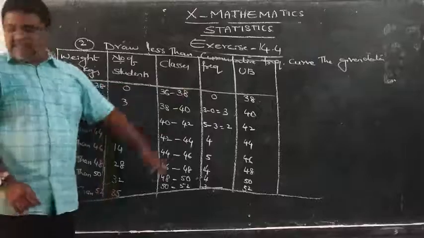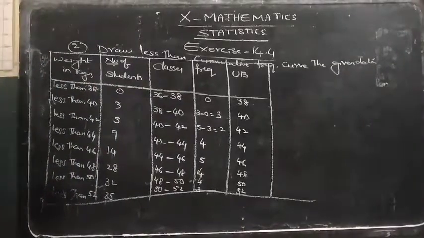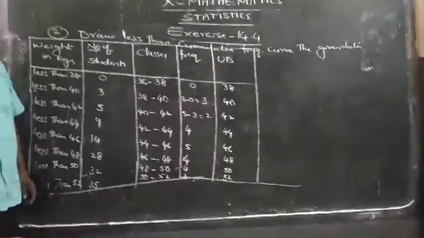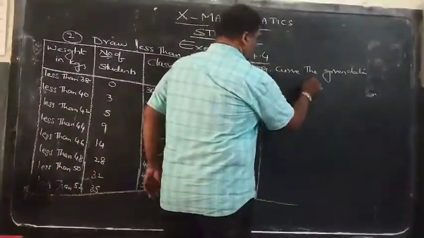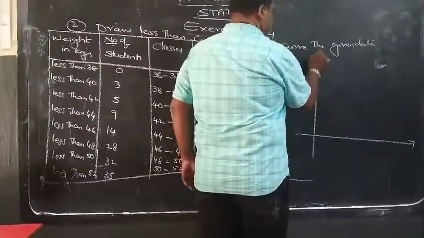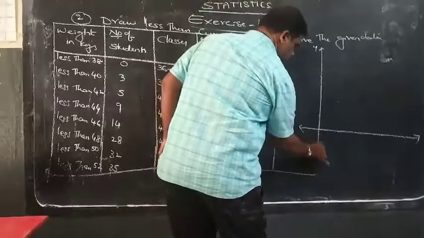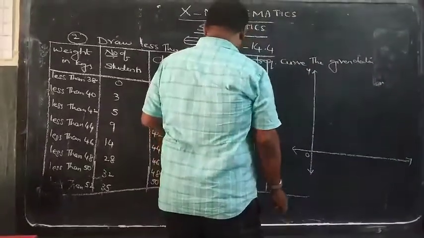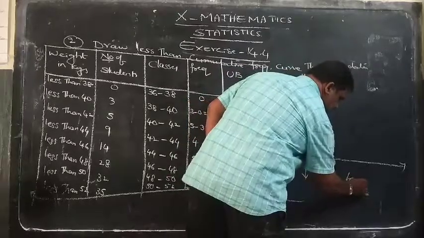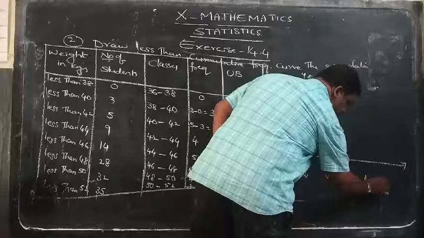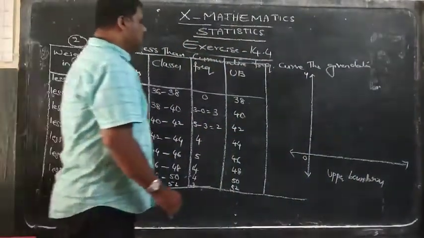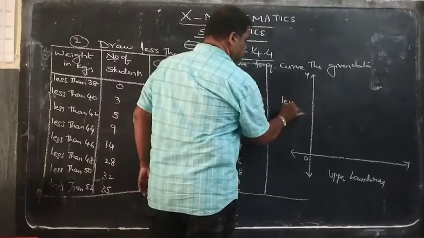Now to draw a less than cumulative frequency curve, we should take upper boundaries of classes on the x-axis and less than cumulative frequency on the y-axis.